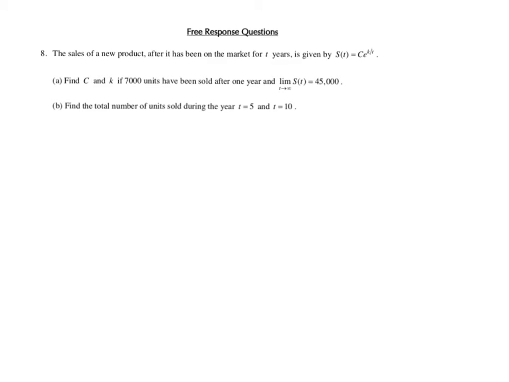Okay, last problem on the packet. The sales of a new product, we're told S of t. Oh, first if you want to try it, I'll give you the answer. For part A of this, we're going to have that C is 45,000 and that k is negative 1.861.